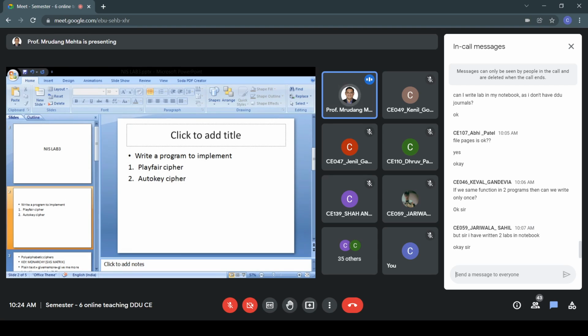Yes, anybody? Encryption, at least encryption also not done. Playfair encryption.